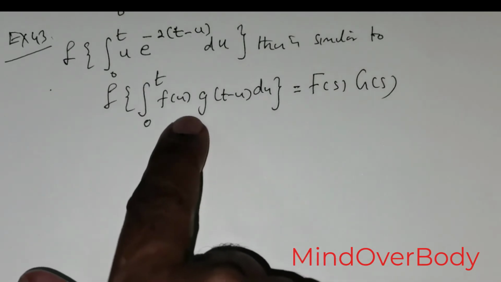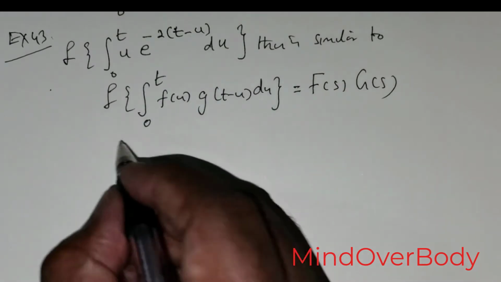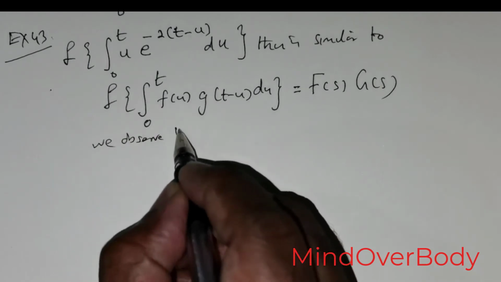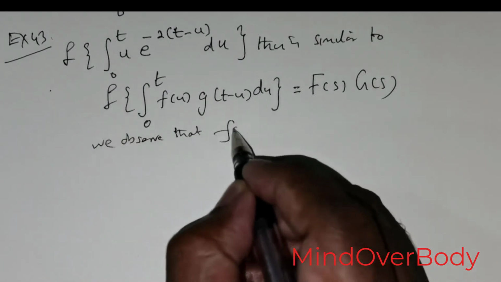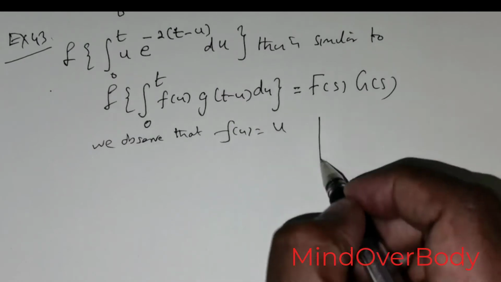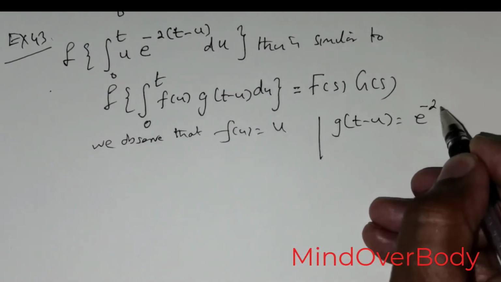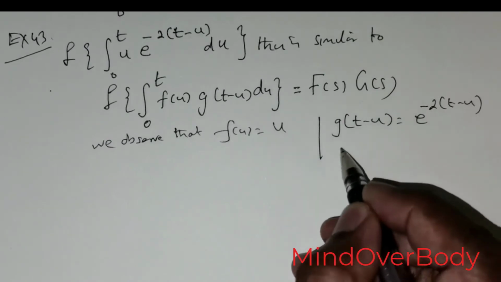So we will be using the convolution. So by comparing, clearly we see that f of u is equal to u and g of t minus u is e raised to the power of negative 2 times (t minus u).